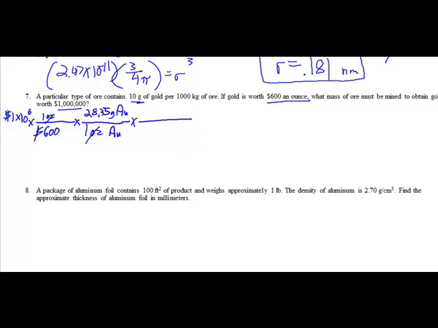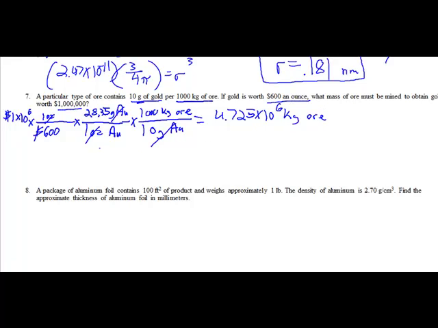We're going to have 10 grams of gold per 1,000 kilograms of ore. So the 10 grams of gold go on the bottom. 1,000 kilograms of ore on the top. So now when we cancel out these units, our gold also gets canceled out. We get converted into kilograms of ore. So we can solve that. We get 4.725 times 10 to the 6th kilograms of ore.